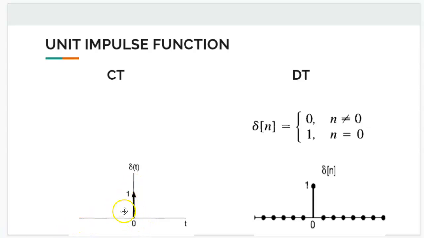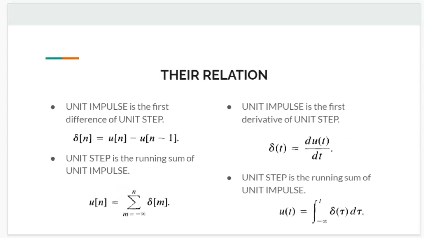One point to note here is this 1 does not refer to the value of the function at this point. It just refers to the fact that if you integrate over the entire interval, then you'll get 1 as your answer. This is the relation in continuous time. If you wish to get the unit step function from the unit impulse function, you will have to integrate the impulse function up to the point where you wish to attain the value of the step function.